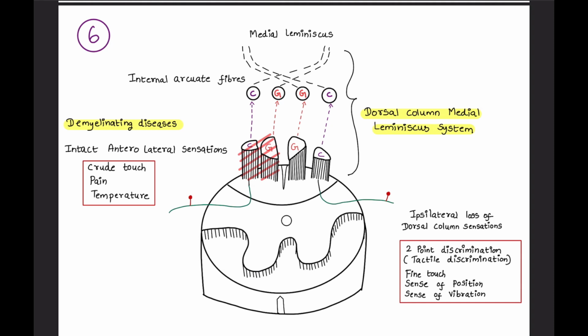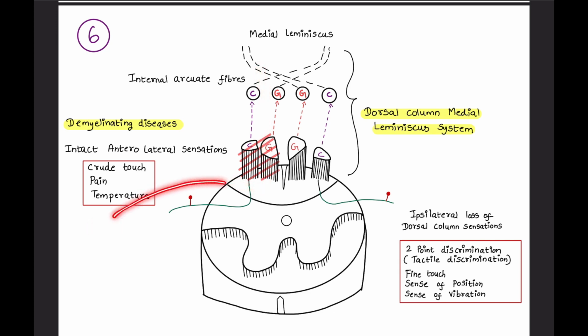If there is a lesion on one side of the fasciculus cuneatus and gracilis, then there will be ipsilateral loss of dorsal column sensation, since the sensory nerve fibers enter the spinal cord from the body and move upwards on the same side. They do not cross.